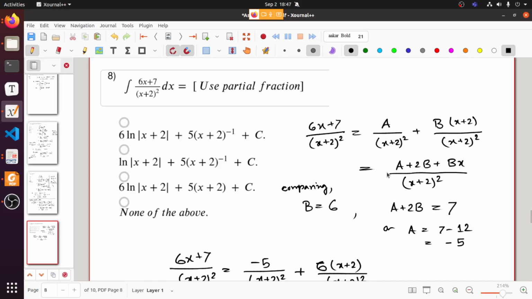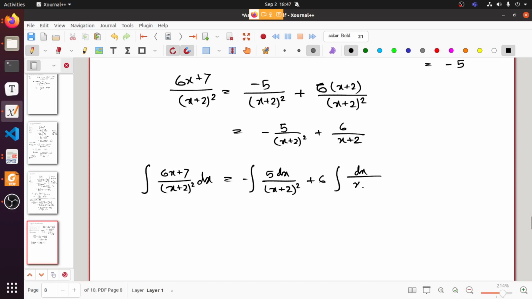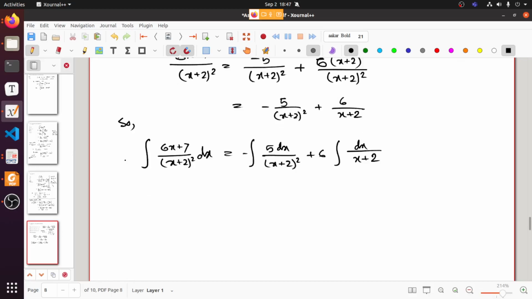So now you have to find the integration of this, the integral of (6x plus 7) by (x plus 2) whole square dx. It is the same as doing the integration: the minus comes out, so it is minus 5 times the integral of dx by (x plus 2) whole square plus 6 times the integral of dx by (x plus 2), right? Using the partial fraction decomposition we get this. Now you can integrate both terms easily, right?